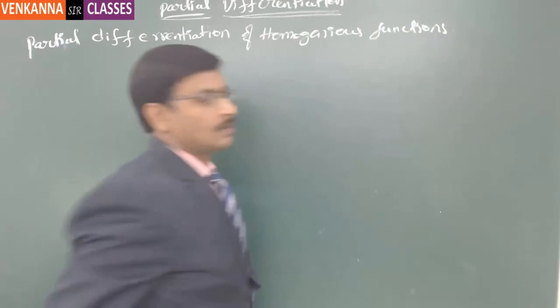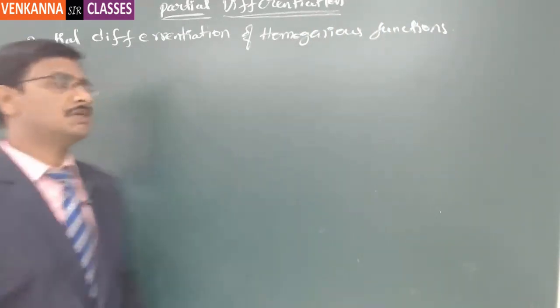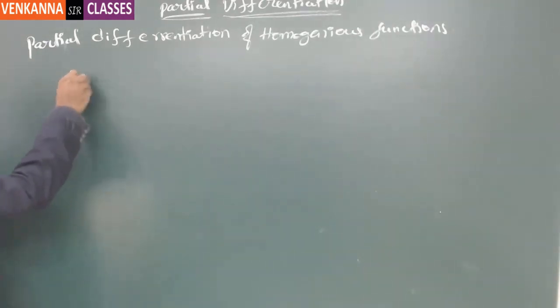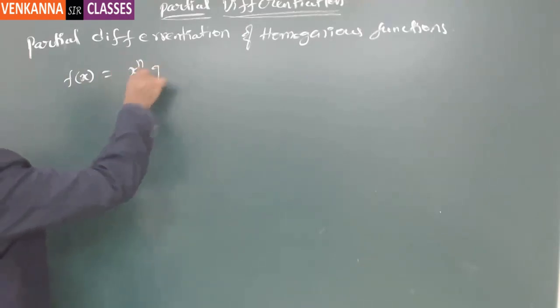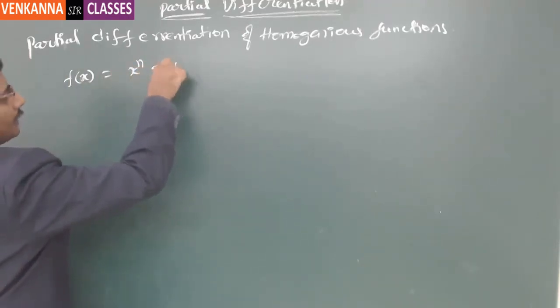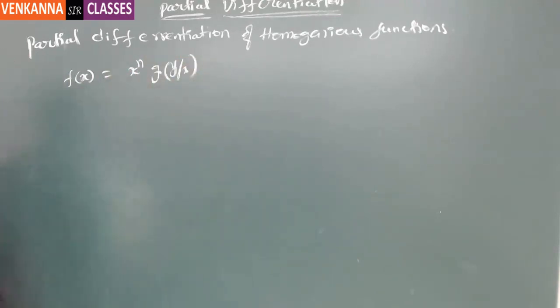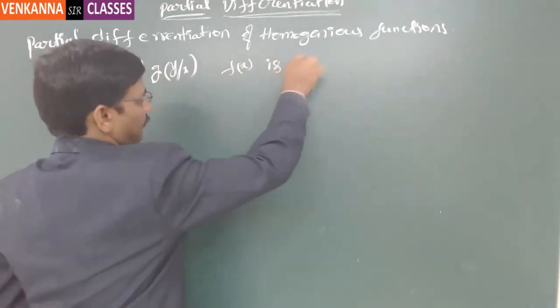Now, what is a homogeneous function? Suppose you are able to express f of x as x power n into g of y by x. If you are able to express it in this format, then we call f of x a homogeneous function.